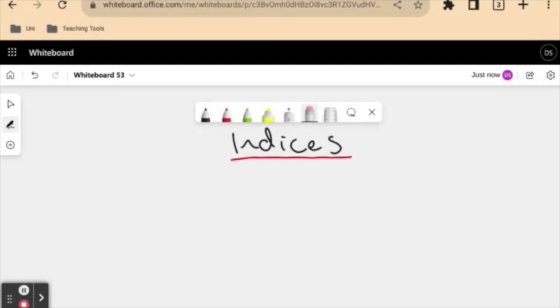So building up on the things we discussed in the previous video, we looked there at the effect of multiplying numbers of the same bases with certain powers. And today, we're going to do something relatively similar, but we're going to start looking at the effect of dividing these.